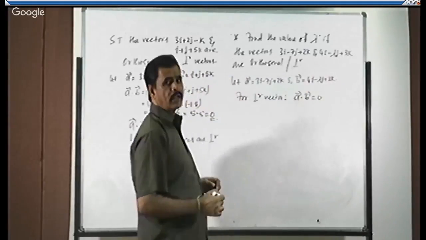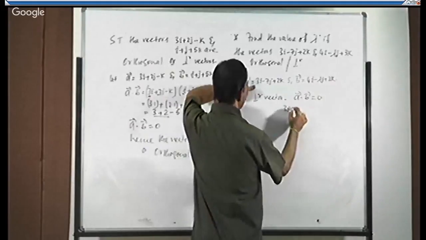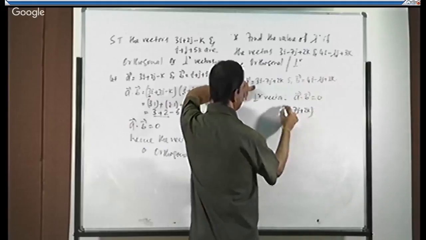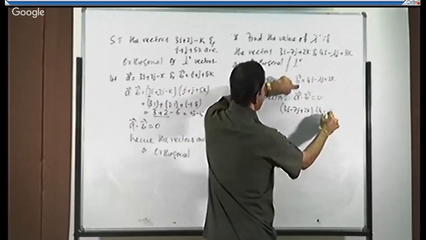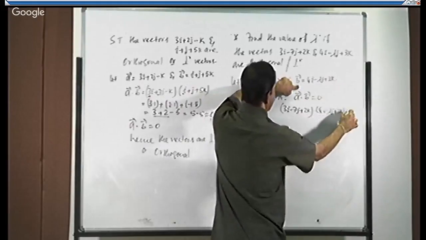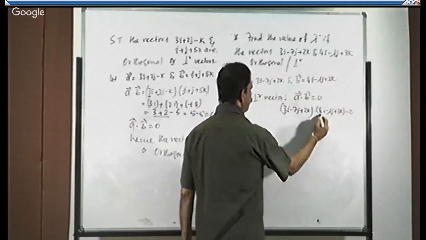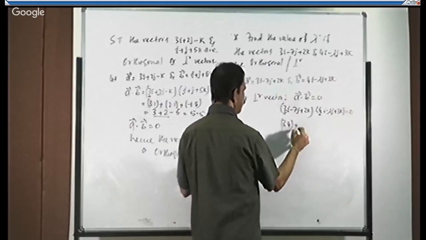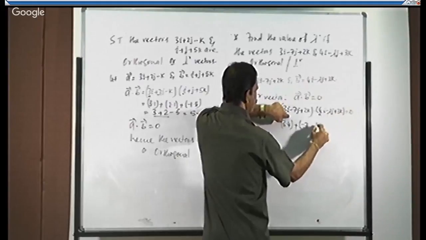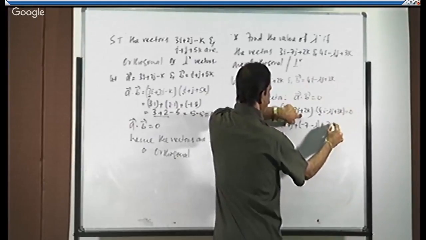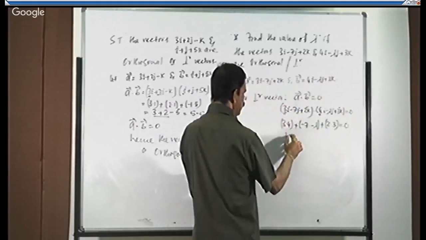Using this condition, you can get A dot B, that is 3i minus 7j plus 2k dot B, what is B? B is 4i minus lambda j plus 3k, is equal to what? We should take their dot product as 0. 3 into 4, plus j coefficient, minus 7 into minus lambda, plus 2 into 3 is equal to 0. 4 3s are 12.